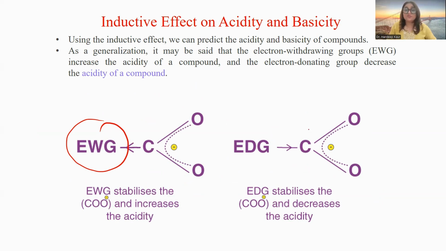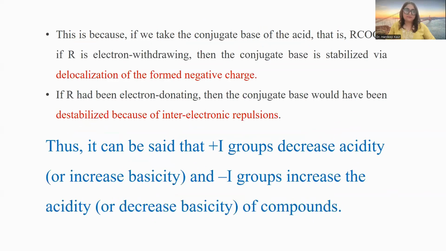But in case of an electron donating group, that bond gets stronger than with the electron withdrawing group. So electron withdrawing groups increase the acidity, but electron donating groups decrease the acidity. Simple.